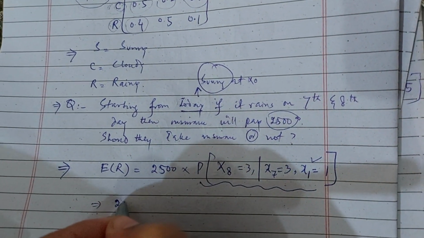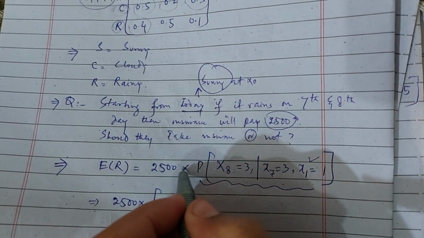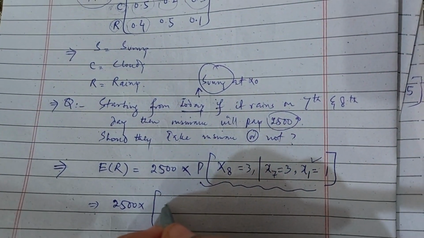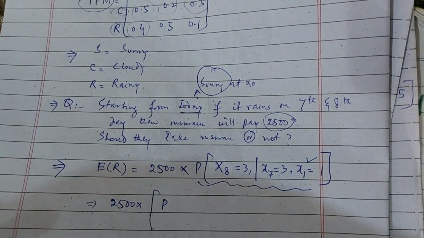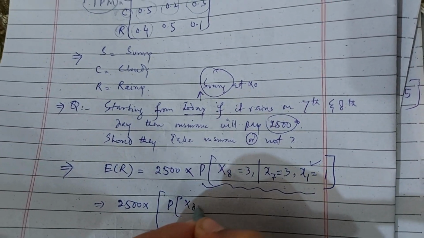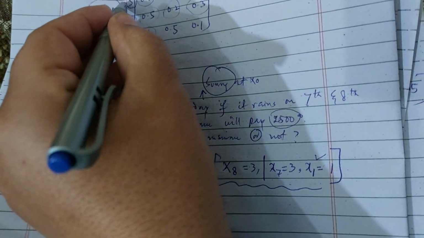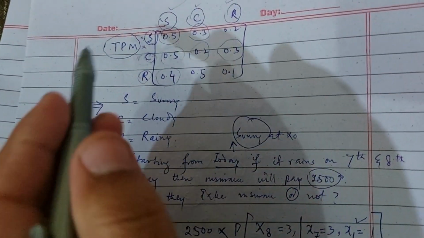Okay, it is done in two steps. So it is equal to 2,500 multiplied by the probability that x8 is equal to 3, which means it is raining.